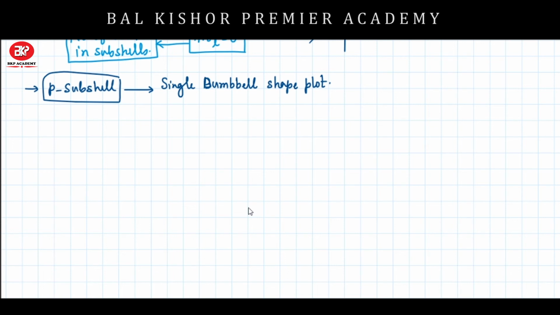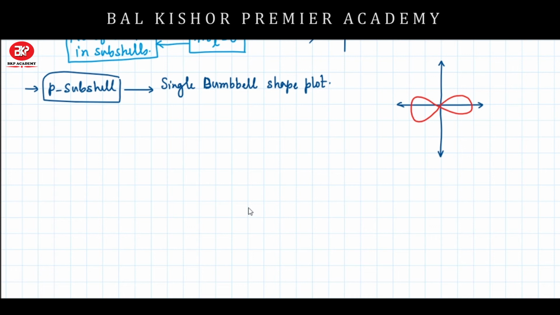The plot looks like this. This is a single dumbbell shaped plot. Now this single dumbbell shaped plot can have different orientations. It can have three types of orientation.